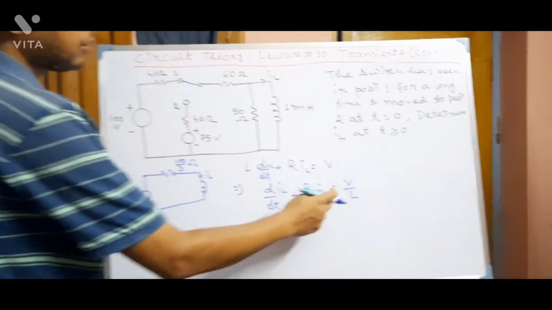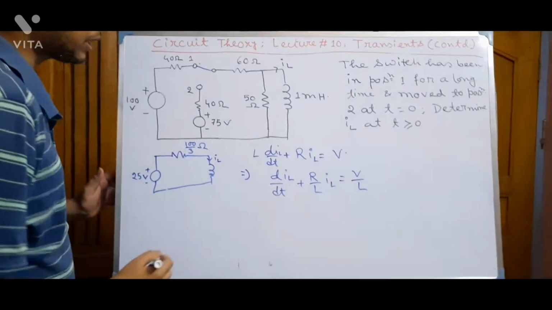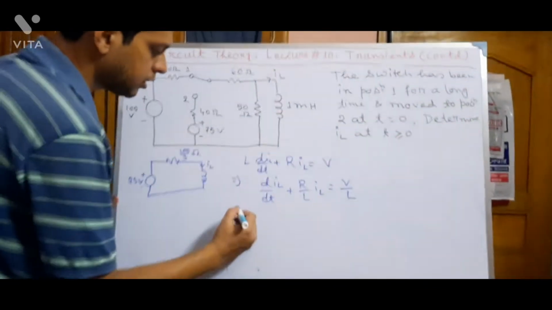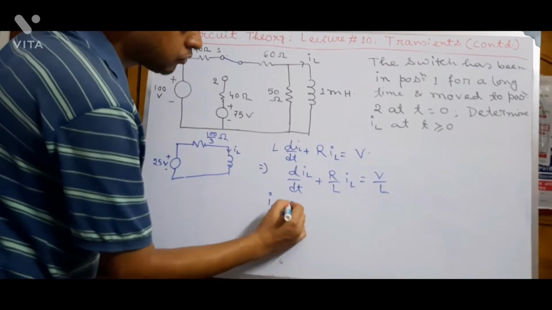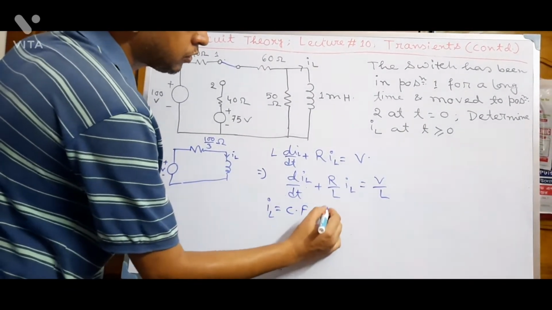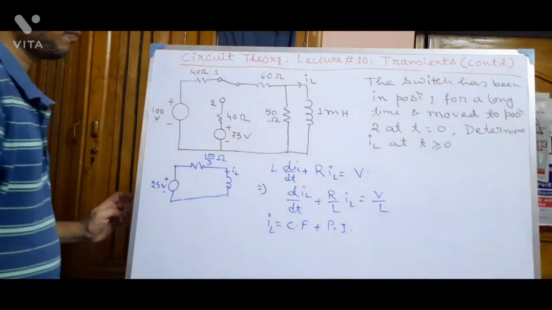So this is a differential equation. This differential equation has two parts, and IL is the sum total of the complementary function and the particular integral.